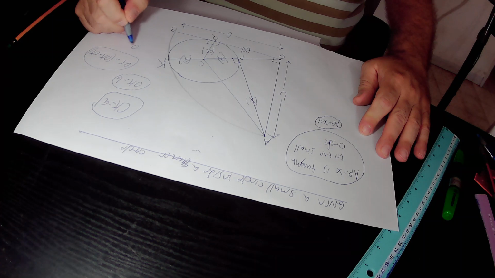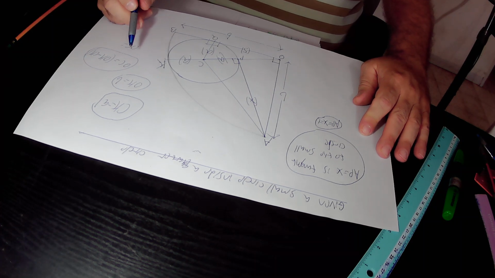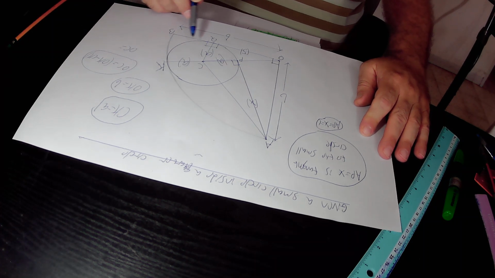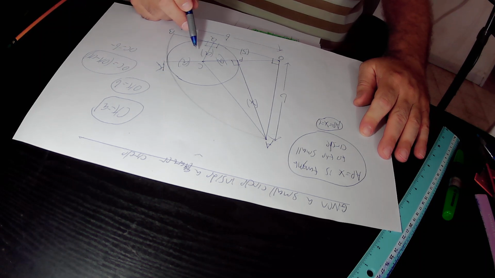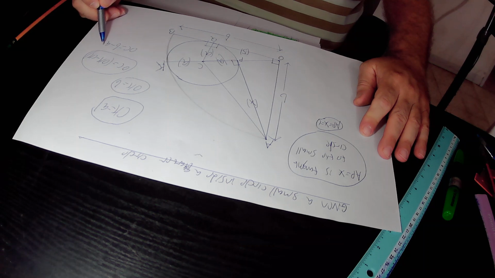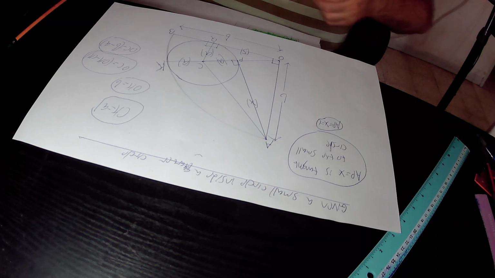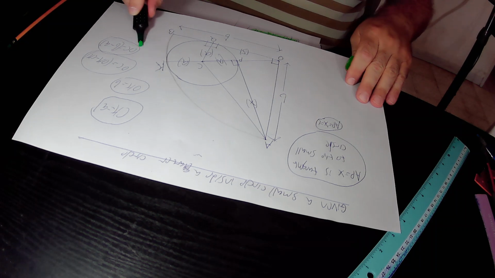So OC in total equals OK, the radius of the quarter circle that is B, minus CK. CK is the radius of this small circle that is A. So in total, OC equals B minus A units in its length.